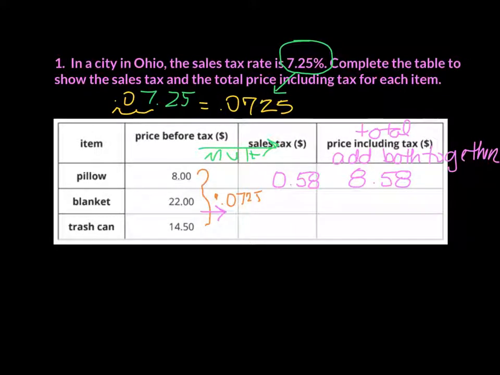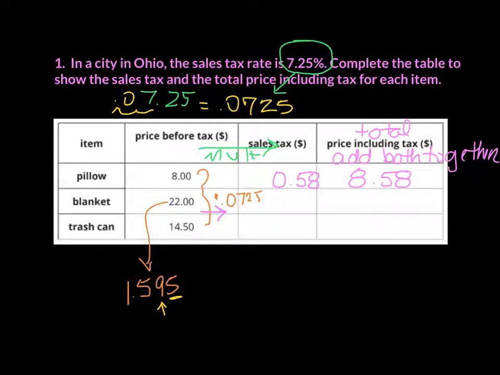We're going to, again, use your calculator, 22 times 0.0725. If we multiply those together, we actually get 1.595, and we are dealing with money, so it has to end in that place.